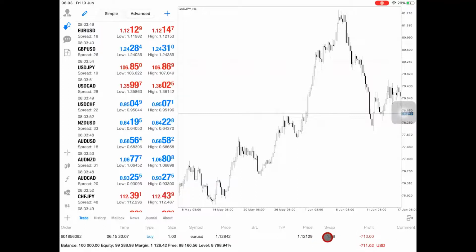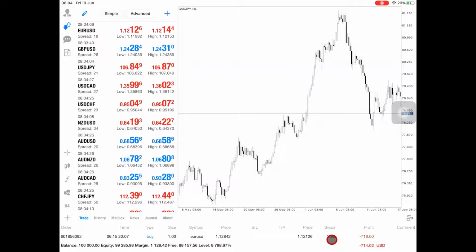If the swap is negative, you will increase your loss.